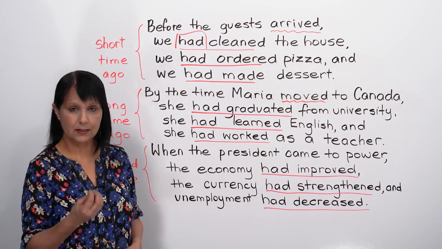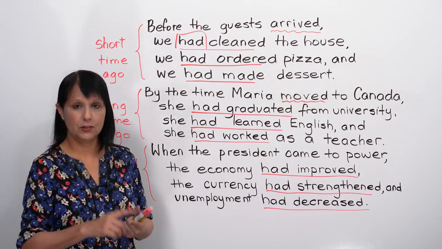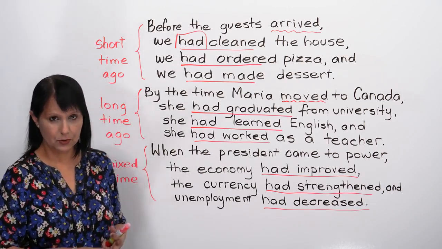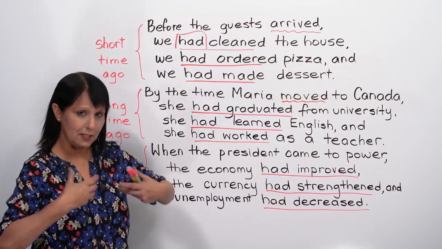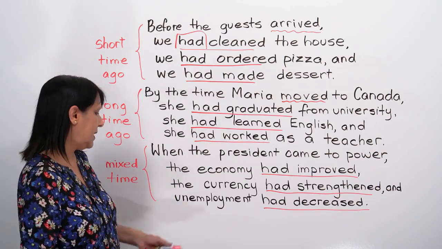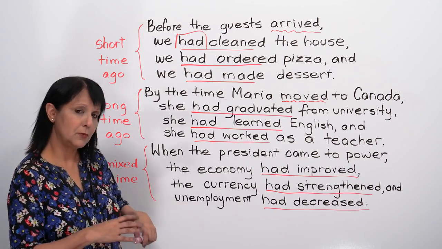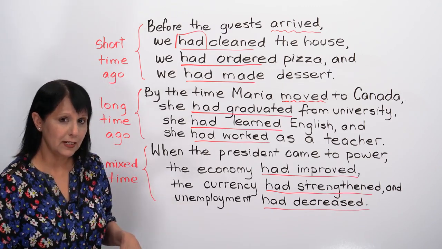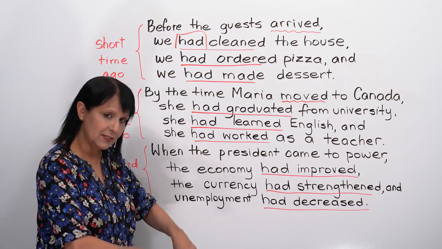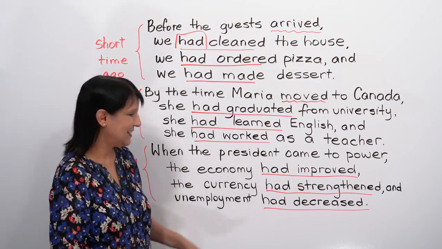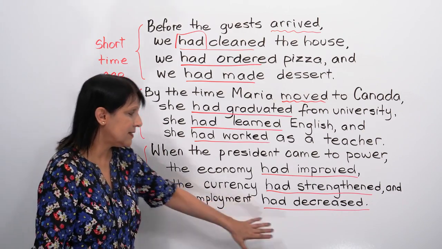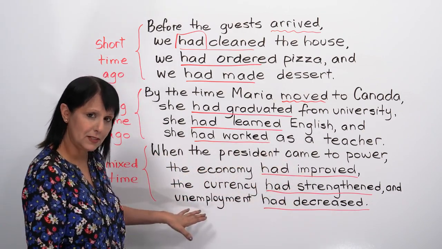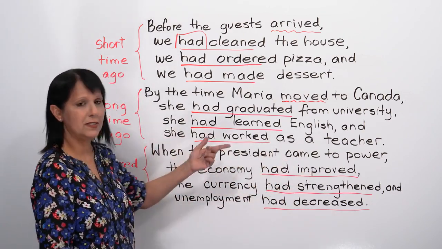The currency means what? Like the dollar, the euro, the pound, okay? The currency had strengthened, means it became stronger. And unemployment, the number of people not working, had decreased. It had gone down. So again, this tells us that these things had already happened when the president came to power.